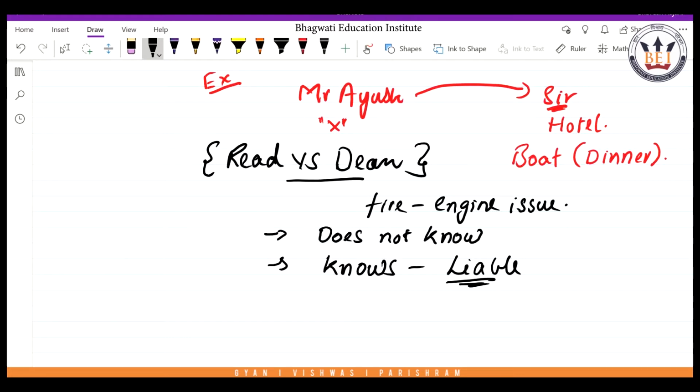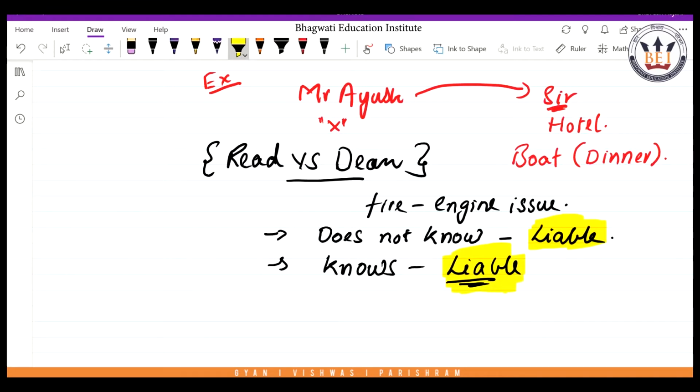So if you do not know, it is negligence on your part and you would still be liable. Very, very logical. When you're making money out of stuff, at least we expect some bit of more carefulness on the part of the bailor.